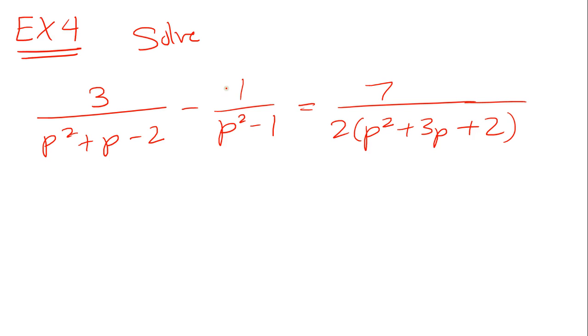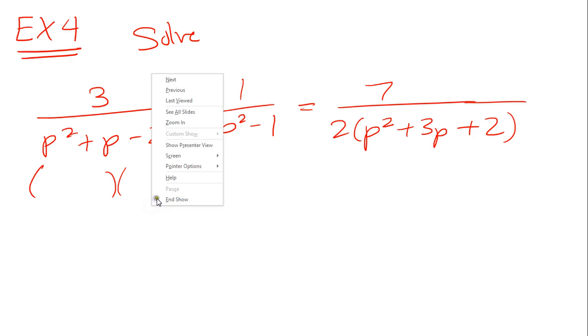Alright, so the first thing we want to do is go ahead and see if we can factor the denominators. In this case, I believe we can. Actually let me just go ahead and do it together.